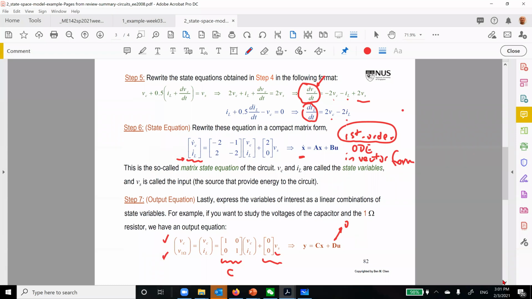It's fine. The output equation is not necessarily 1, you can have 2. So this is 2 variables you care about. But if you say, I have 3 things I want to care about, it's fine, you can do it. Then the system will become multi-output. But for input, only 1. SIMO, single input, multiple output.